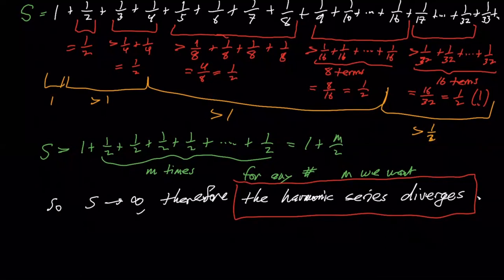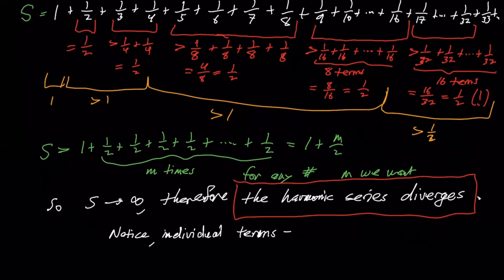But here, notice the individual terms go to 0, and yet the sum still diverges. And that's why this is very subtle. It's sort of subtle in the same way that we saw with improper integrals, and we're going to make that connection explicit in a moment.